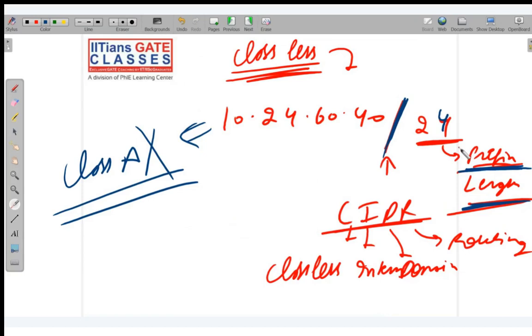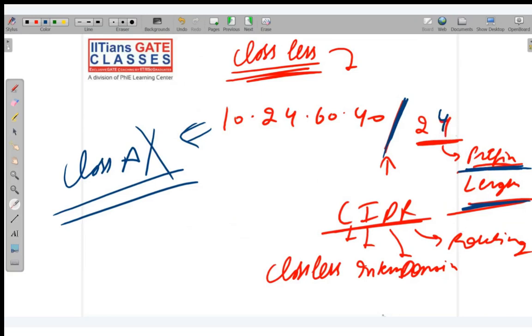So you have to specify the block length now. Prefix length here I have specified as 24. So this means the first 24 bits are, roughly, the net id. In terms of classful, I will say the first 24 bits are net id, or here the first 24 bits are prefix.